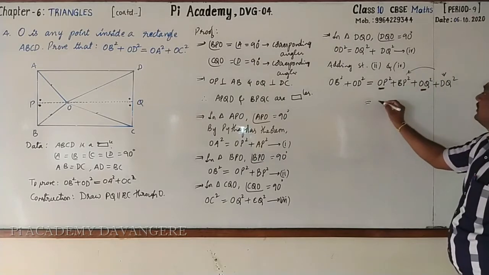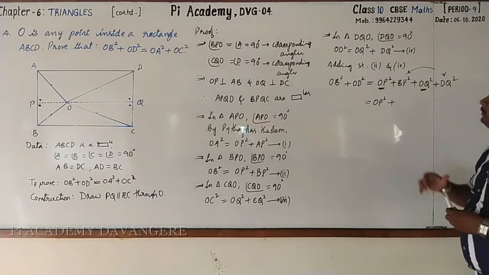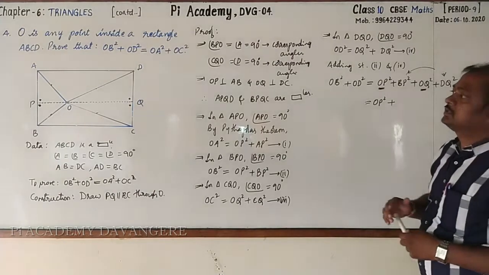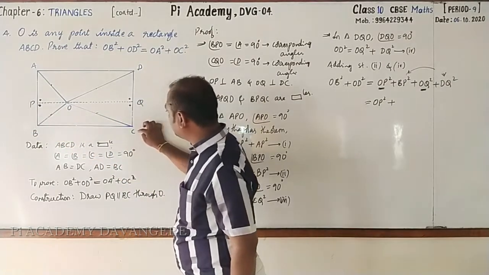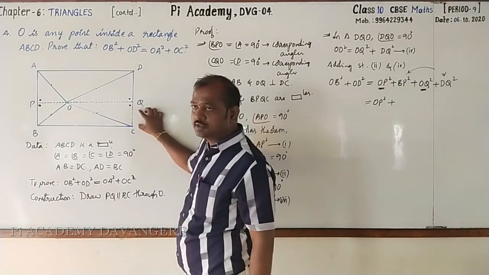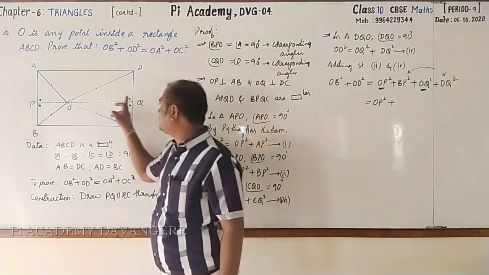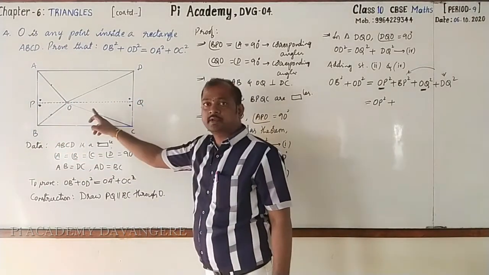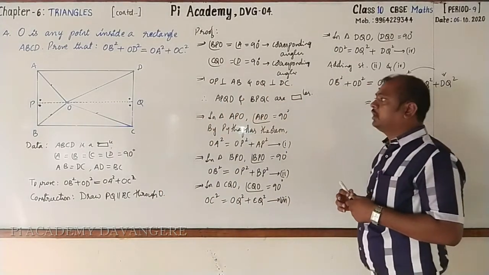This and this. I'll write OP square as it is. What about BP square? See that BP is nothing but CQ, right? Why? We also know that BPQC is a rectangle. In a rectangle, opposite sides are equal.